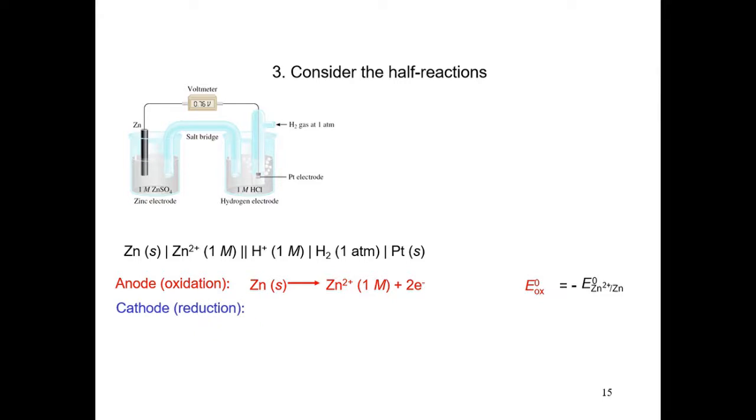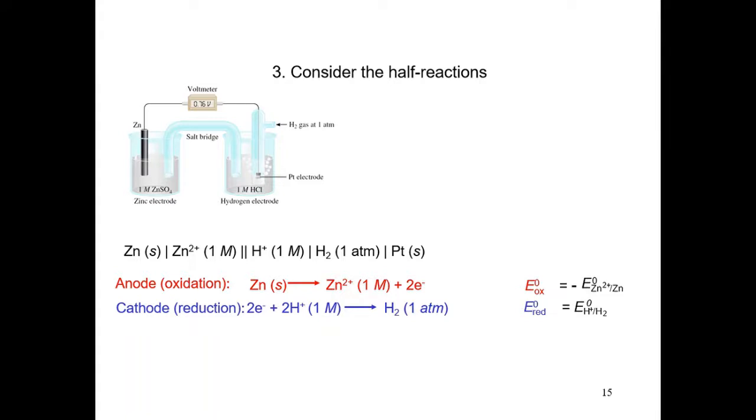Now let's look at what's happening at the cathode. At the cathode, you're having electrons come in to reduce hydrogen ions at 1 molar concentration to produce hydrogen gas at 1 atmosphere. Now, the reduction potential here would be the reduction potential for the conversion of hydrogen ions into hydrogen gas.